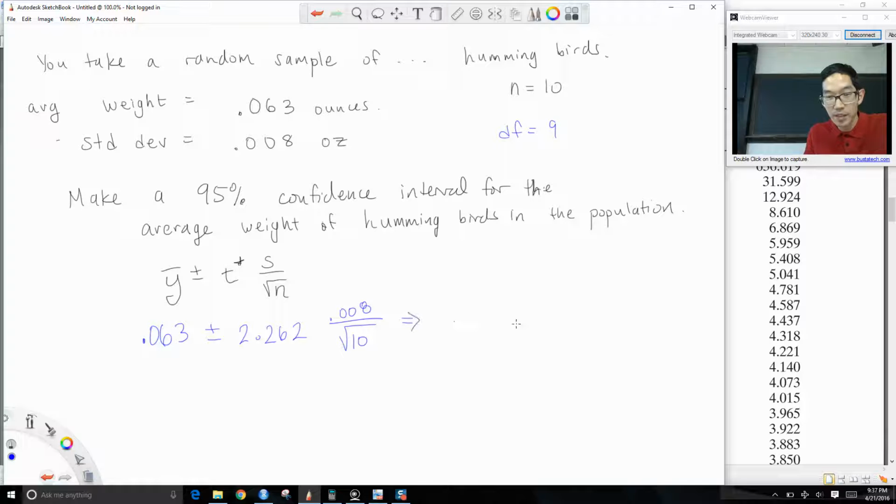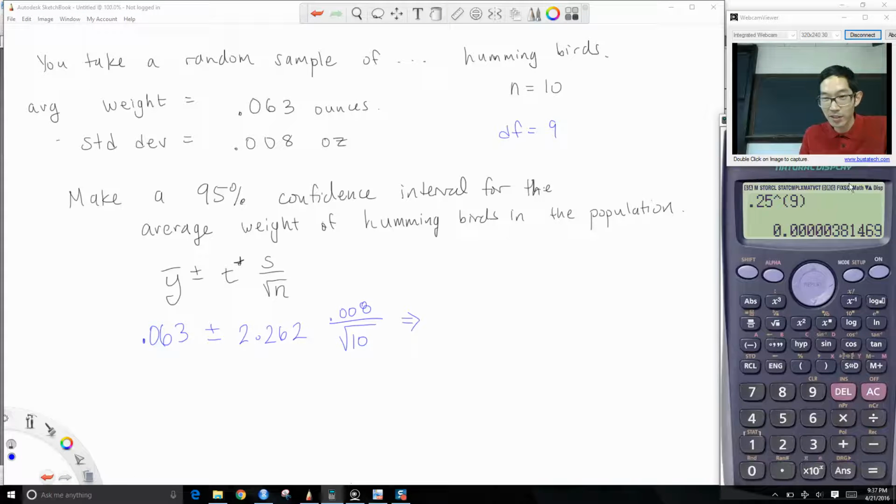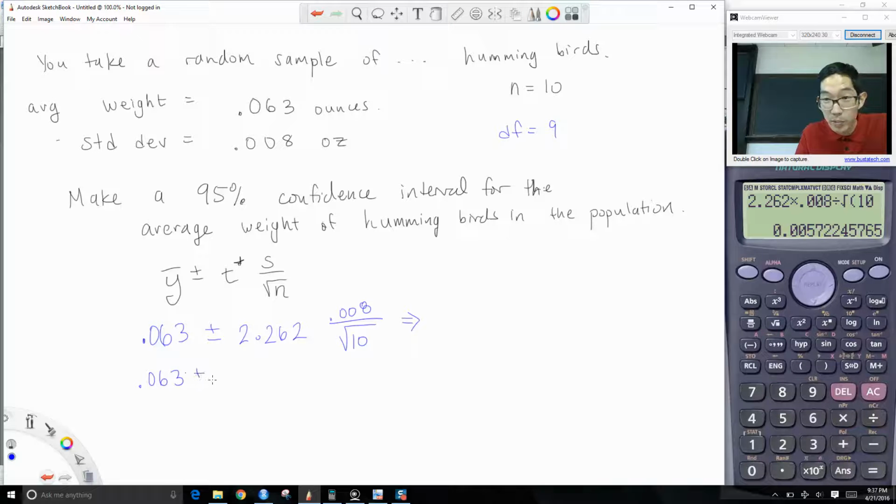We're on the scale of really small things that have hard-to-understand meanings in real life, but I get 0.063 plus or minus 0.0057.